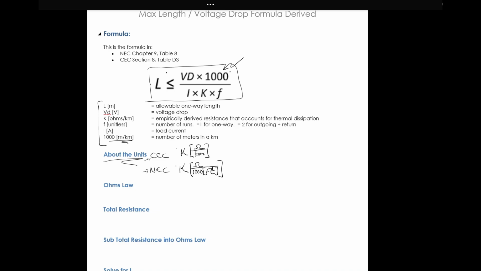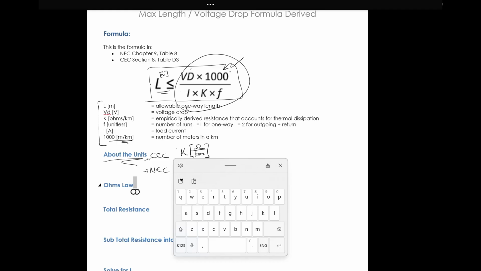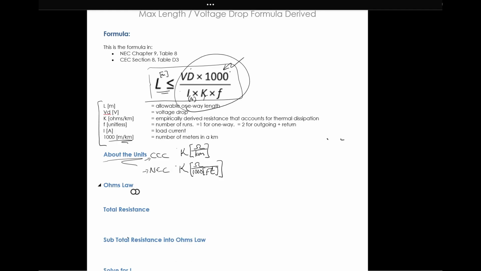So the length is in meters, and we need to install less than or equal to this, which is our voltage drop times that 1,000 conversion factor times the load current in amps, and this K value, again, in ohms per kilometer, or ohms per 1,000 feet.